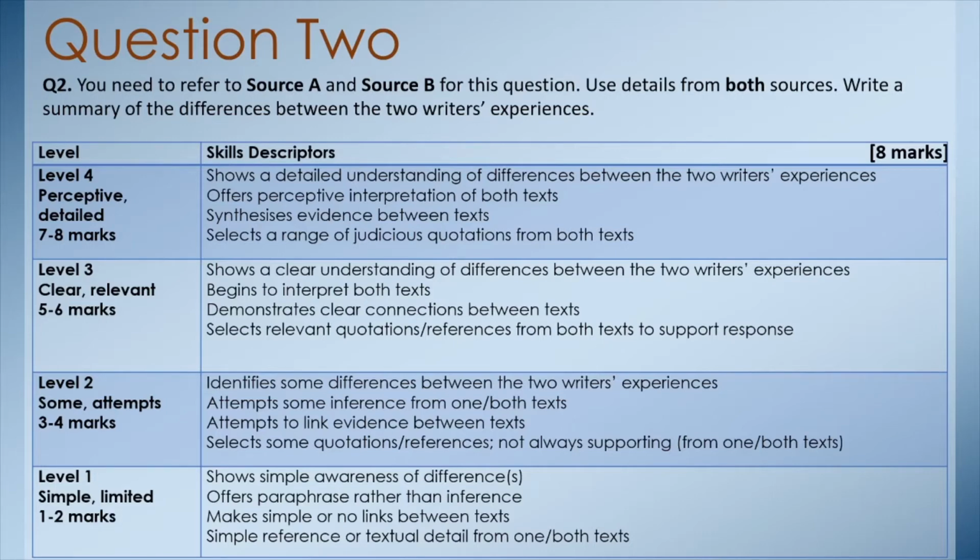5 to 6 marks, you want to be able to show that clear understanding of differences between the two writers' experiences. You want to begin to interpret both texts, so that's where we want to begin to get the inferences. Demonstrate clear connections between the texts. So again, you've got a very clear difference between them, and then you've selected relevant quotations to back that up and to support what you're saying.